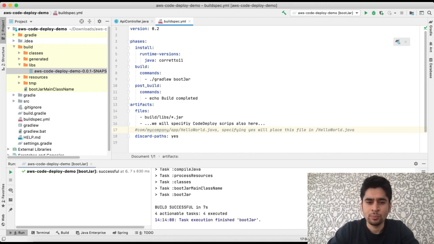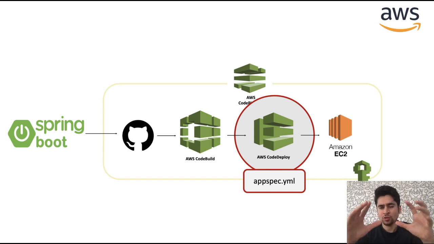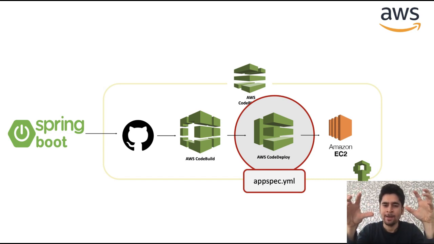Okay, our build configuration file is ready now. On the deploy stage, we need to tell CodeDeploy how to deploy our application on the instance. CodeDeploy uses a YML file, which by default is named appspec.yml.